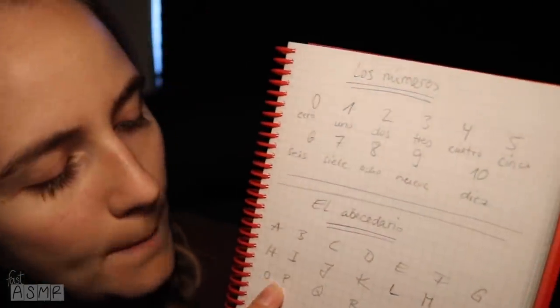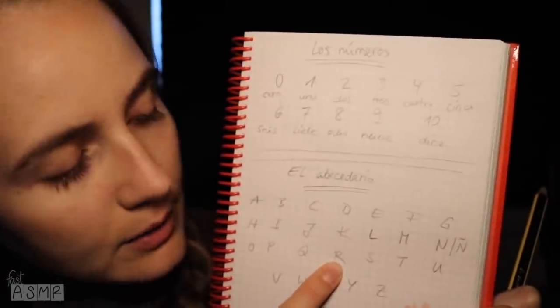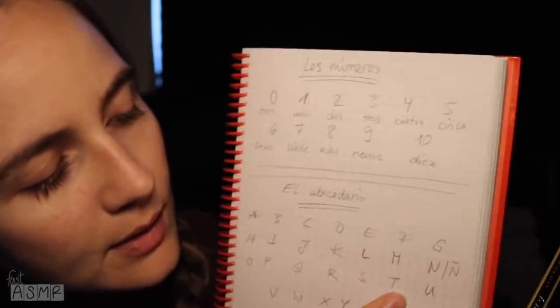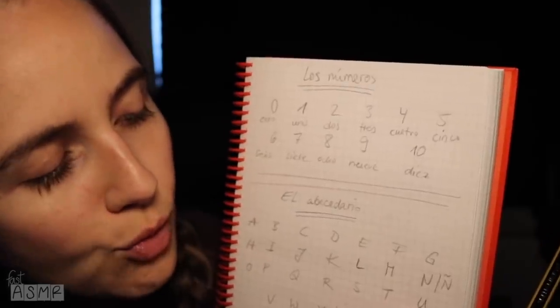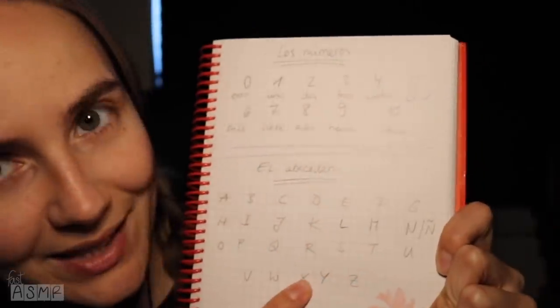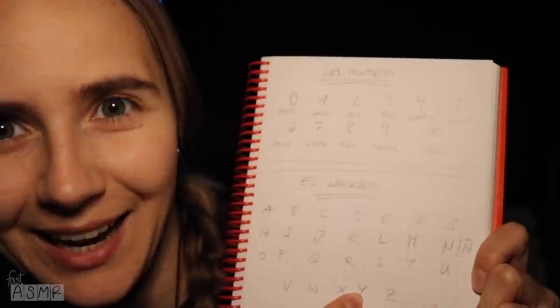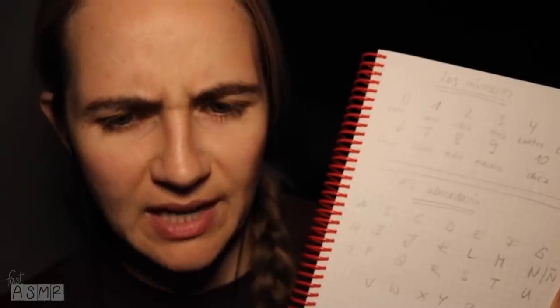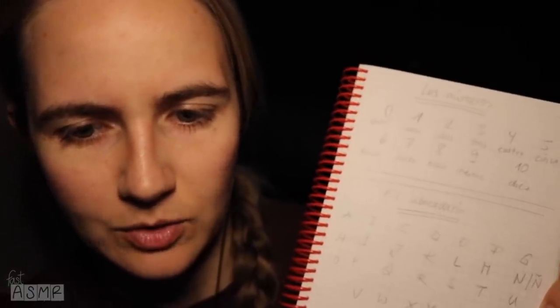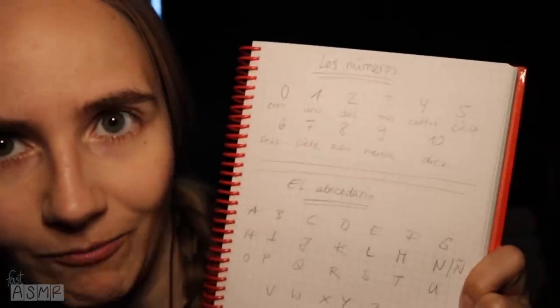So, Ñ, O, P, Q, R, S, T, U, V, W, X, Y. You could also say Y, but I don't think that's very up to date anymore. I think you can now just say Y, which is a lot easier. And Z.